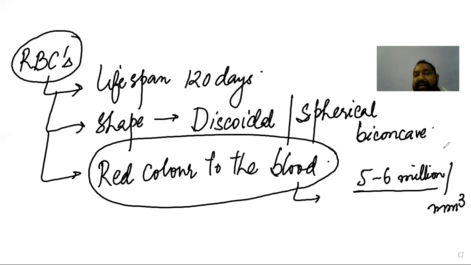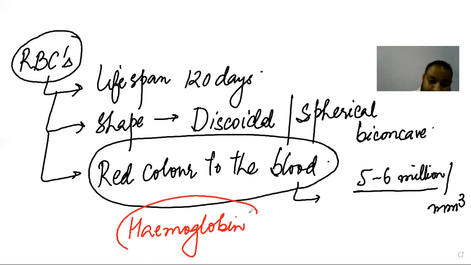Now, this red color of blood is due to a pigment known as hemoglobin.